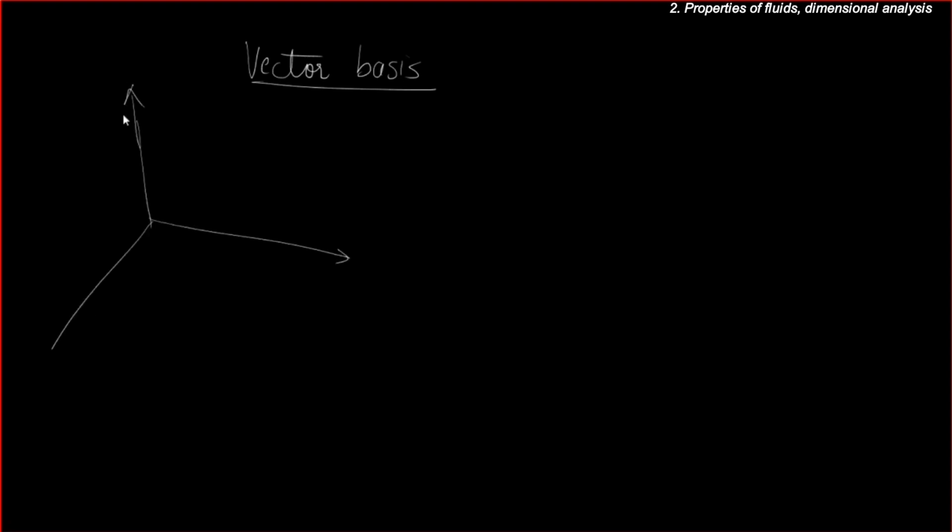Let us consider what the basis for vectors are. So vectors are formed typically from basis vectors. Basis vectors can be unit vectors. A unit vector means something which has a magnitude of 1. So i, j and k are unit vectors in the Cartesian coordinate system.